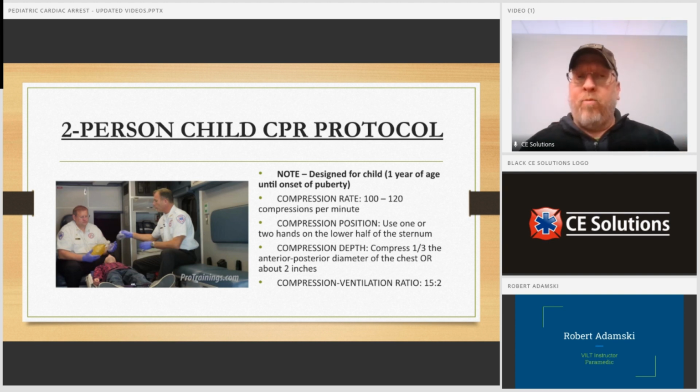And so therefore, when we go to two-person CPR for our pediatric patients, we're emphasizing the respiratory component. And that's why we go from 30 compressions and 2 breaths to 15 compressions and 2 breaths, to try to maximize the amount of artificial ventilation that we can provide.